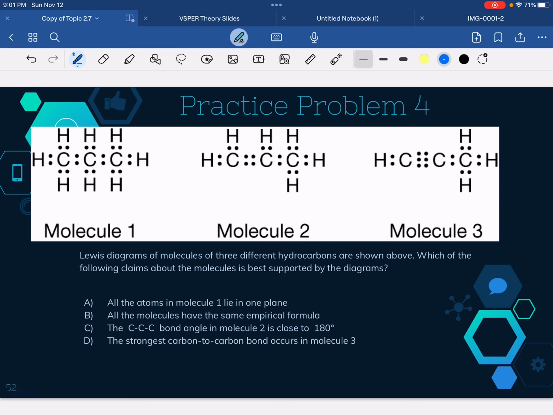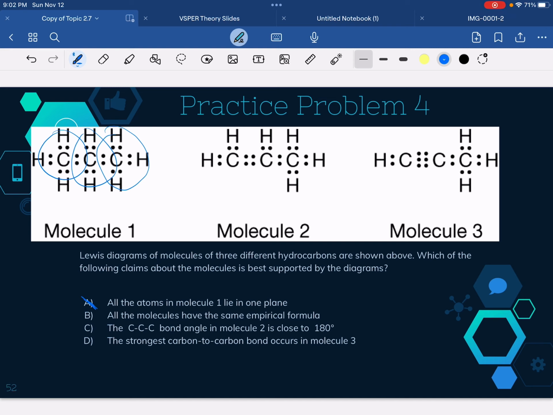All right, so the Lewis diagrams of 3 different hydrocarbons are shown above. Which of the following claims about the molecules is best supported by the diagrams? All the atoms in molecule 1 lie in one plane. Now, at each place we have tetrahedral geometry, and tetrahedral geometry we know is not in one plane.